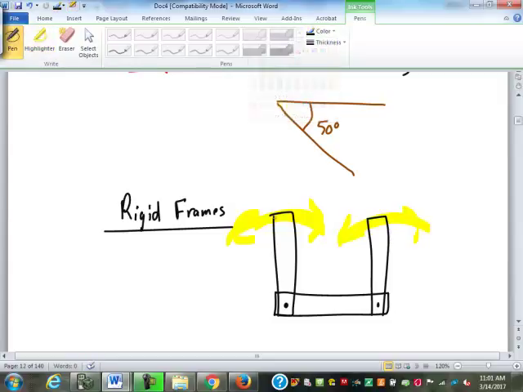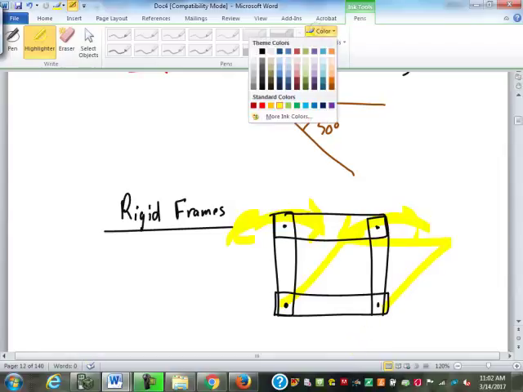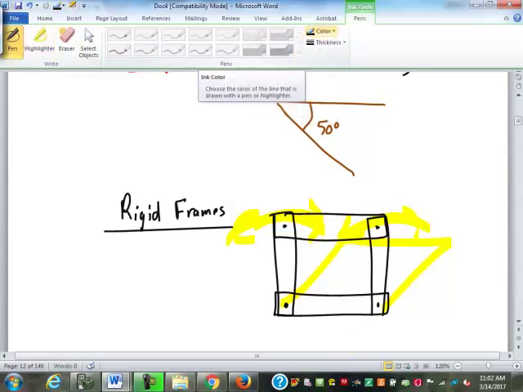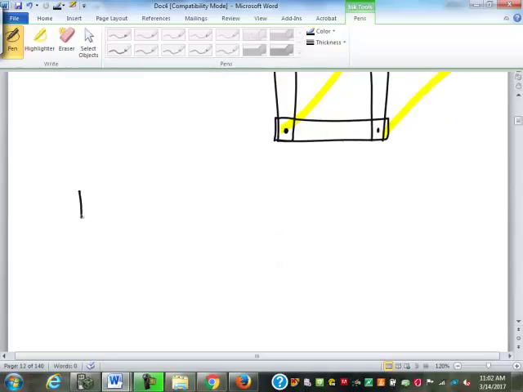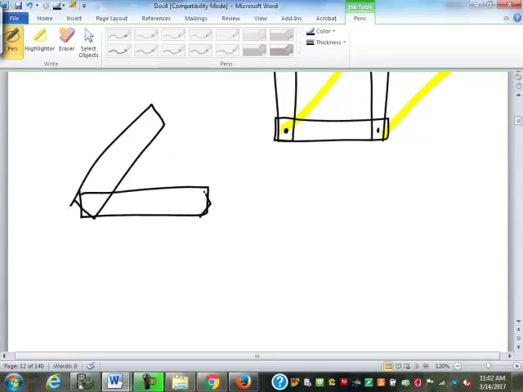If I attach a board across here and pin it, one bolt, does that stop it from swinging? No, the whole thing can still slide over if it needs to. If I have triangles, however, a single bolt in each joint, will that move?